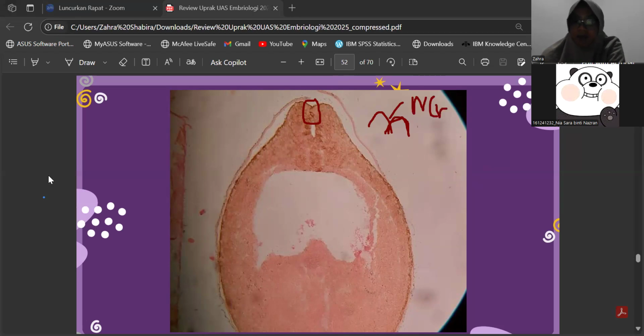Also, since the neural tube has developed, there is a space in here named the neural canal.